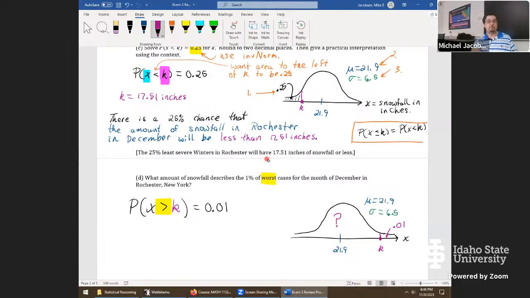It's the complement rule. The total area under this curve is 1. The entire real number line is the sample space, so the probability of any real number, all the area under the curve, should be exactly 1. And that means we can go 1 minus 0.01 to get a value for the area here, which is 0.99.